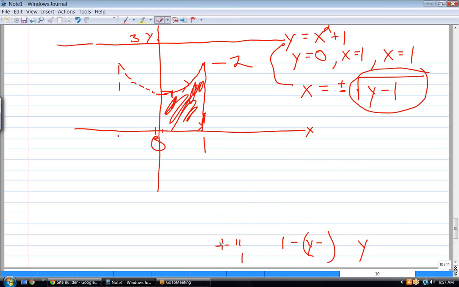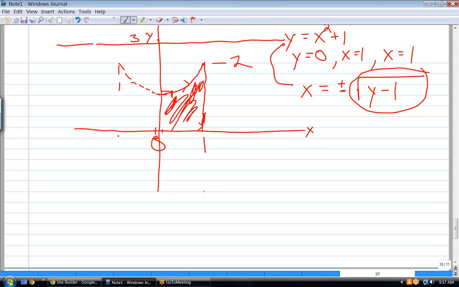After we revolve it around that line, we're going to use washers that are perpendicular to which axis? The x-axis. Okay, so we don't need to draw it. We can tell what the outside radius is going to be and what the inside radius is going to be.